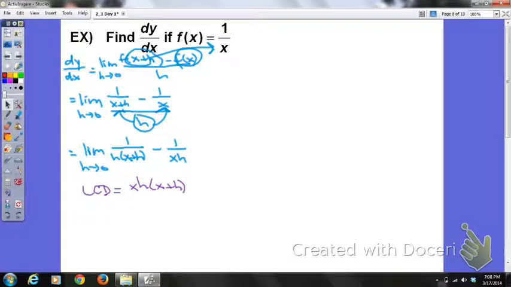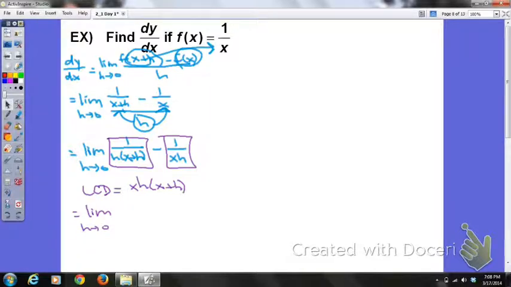So if I rewrite both of these fractions with our new denominator, I'm now finding the limit as h approaches 0 of what's in my new denominator that wasn't in my original for the first fraction.